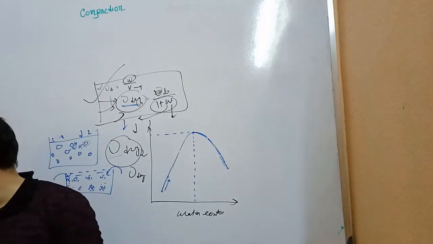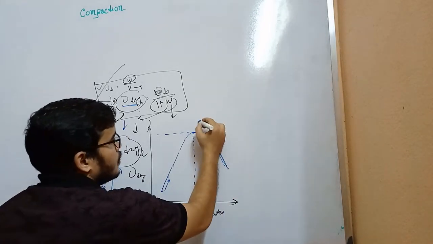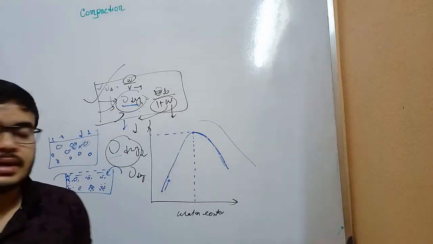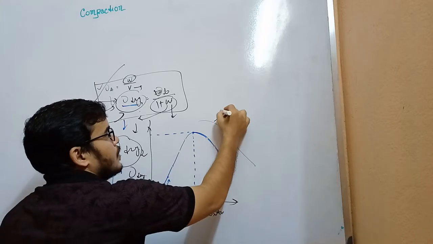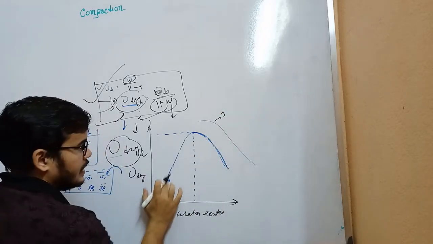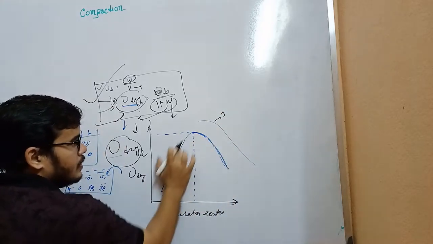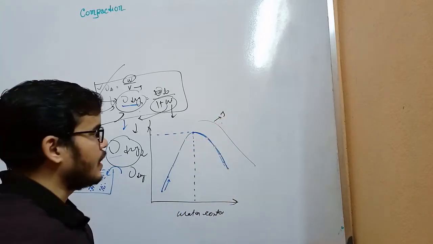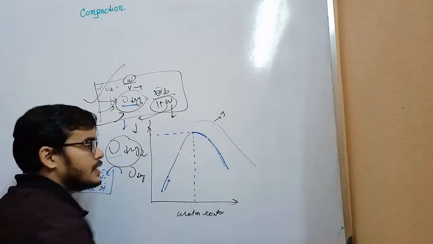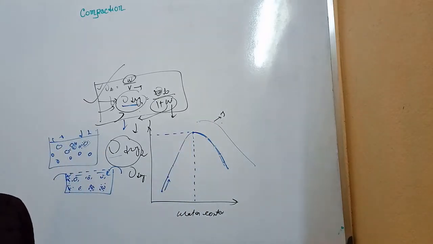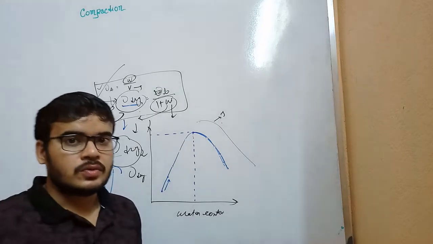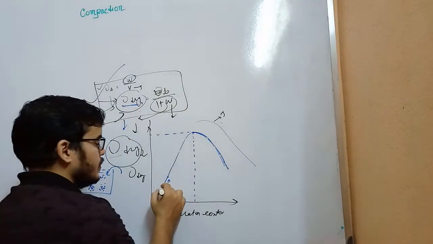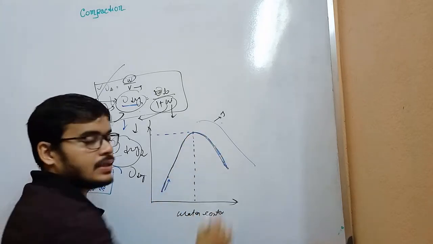And now a line has been drawn like this. It is actually the theoretical gamma dry value, and this is the practical curve that will be obtained in the laboratory. Here the complete removal of air has taken place. That is practically impossible, to remove all the air from the soil. So that's why we will get a curve like this in the laboratory.